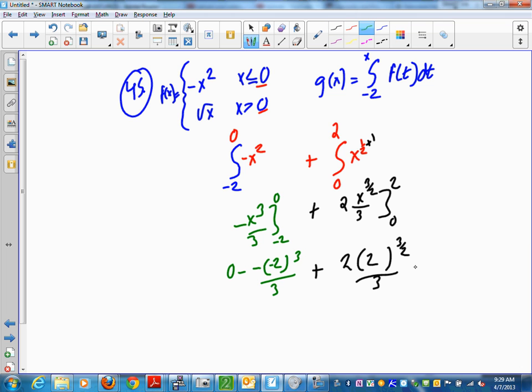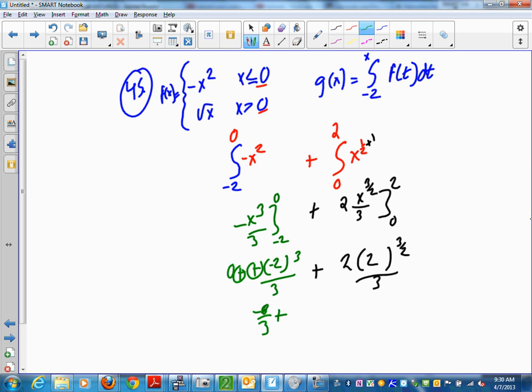And over here, this would be negative 2 cubed, which is negative 8, so we have negative 8 thirds. But this minus turns out to be plus, right? So we still have negative 8 thirds plus, for the black one, 2 to the 3rd power, 8.